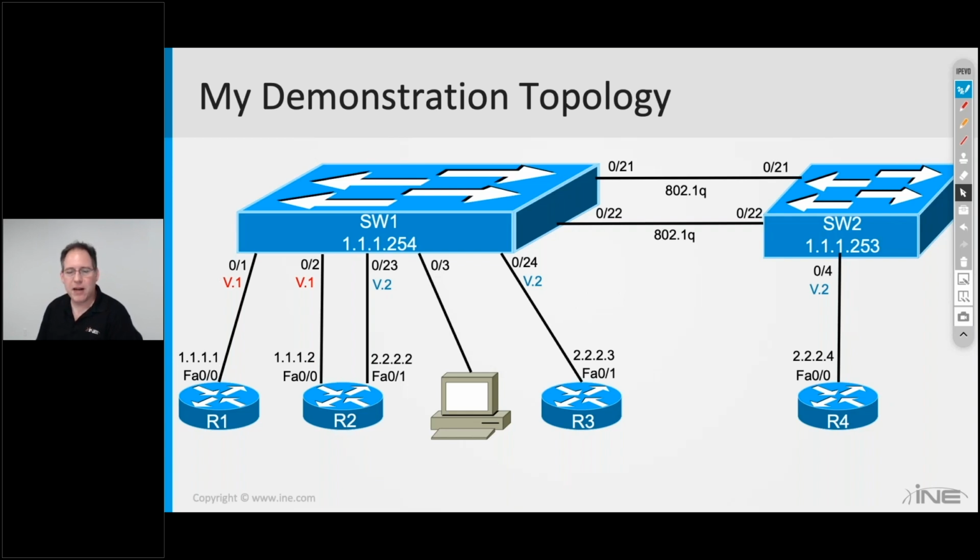You didn't create an RSPAN VLAN or anything like that, and you expected switch 2 to pick that up. So let's think about this for a second. If FastEthernet 0/22 was your span destination, your physical interface was your span destination, all the traffic should be sent out that interface.